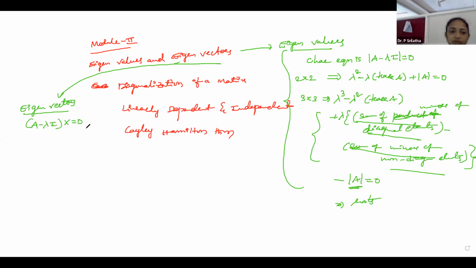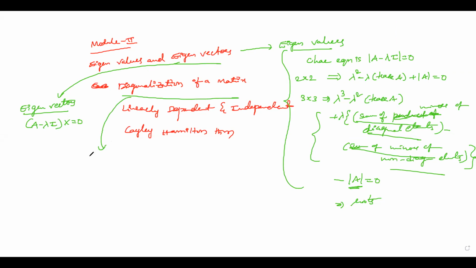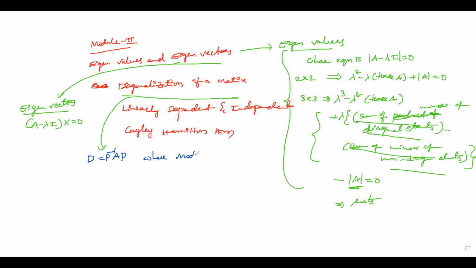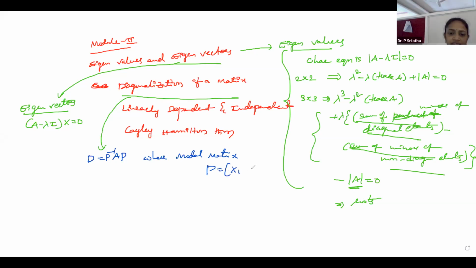Okay. So now coming to the diagonalization. The diagonalization formula is D equal to P inverse AP. What about P? P is the model matrix. So P equal to X1, X2, X3.